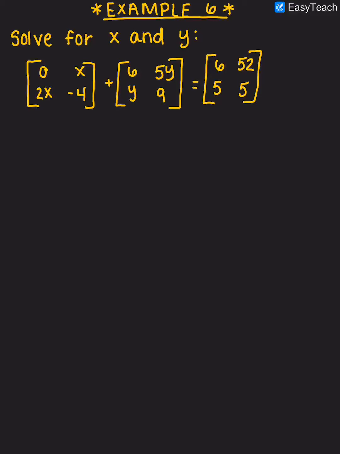We're adding these matrices together, and it says that it's equal to this last matrix. So we're adding, let me highlight, we're adding these two together, and it's equal to this one. So we're going to start off by doing the addition. Okay, so we're going to do 0 plus 6. Remember, I'm adding this plus this.